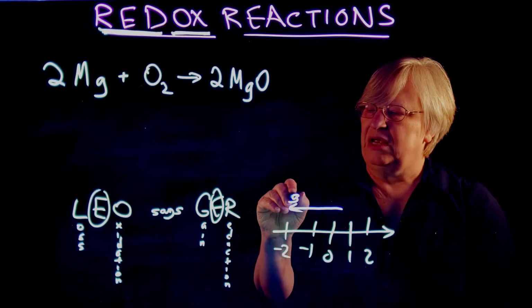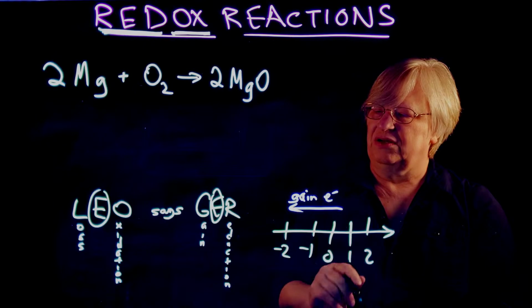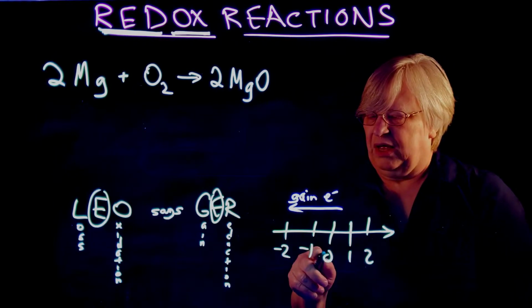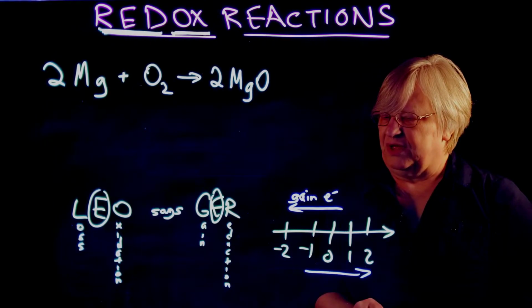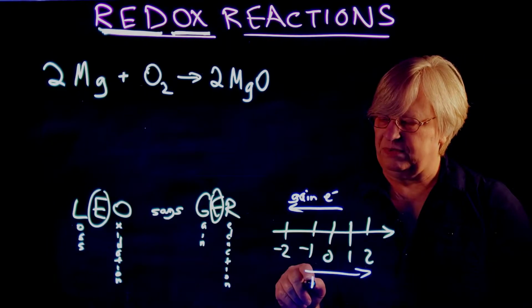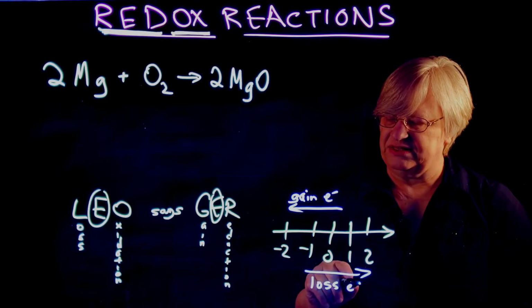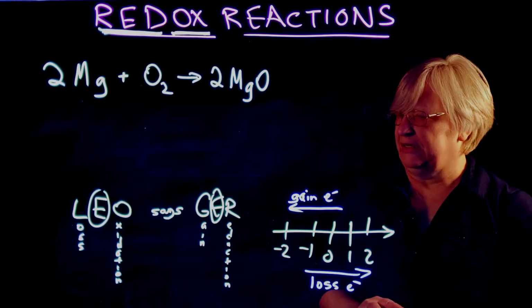So going in the negative direction, we're gaining electrons. The opposite ought to be true then. If the charge is getting more positive, that would mean that we're losing electrons, right? So that would be a loss of electrons going that direction.